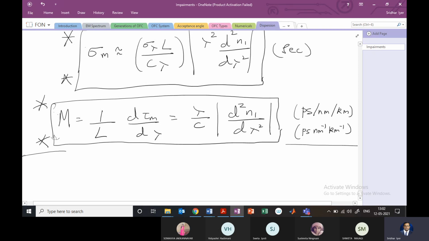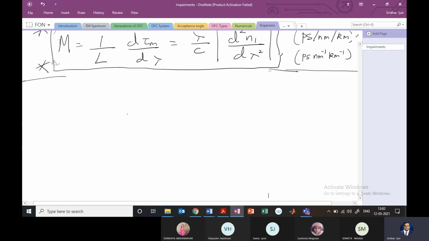So we'll have to recollect one of the graphs which we had drawn earlier to understand why we have those dispersion reducing fibers. So we are almost done with the material dispersion. Only numerical is left, so there's not much time to do numerical.